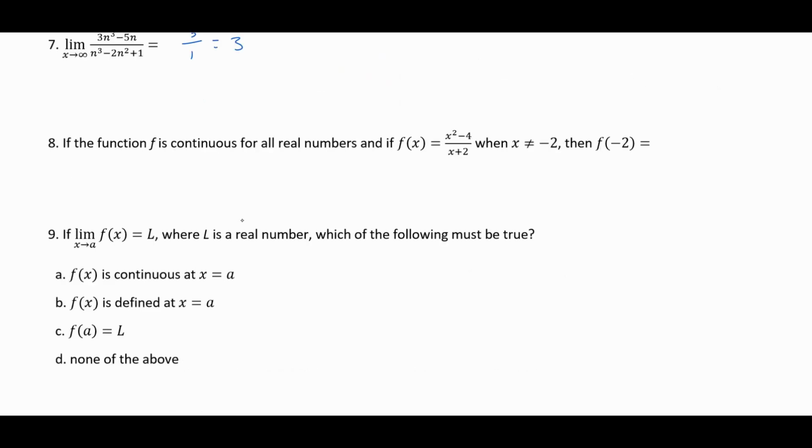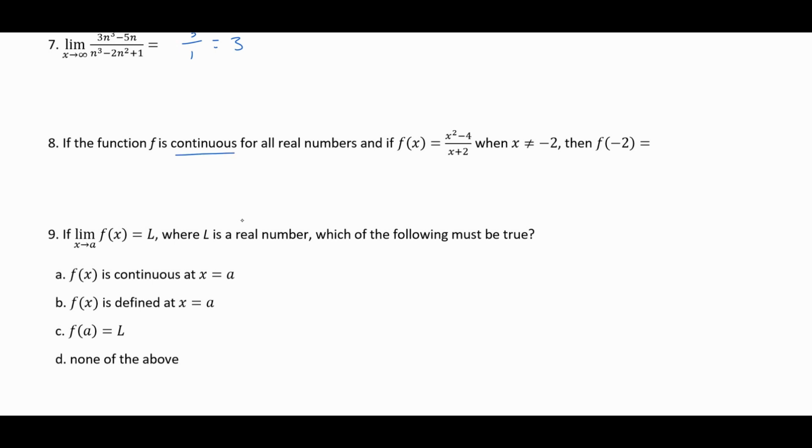Looking at number 8, if the function f is continuous for all real numbers, and if f of x equals x squared minus 4 over x plus 2, when x does not equal negative 2, then what is the function when x is negative 2? Basically what we're asking is, all right, x cannot be negative 2, and if you're looking here, it's because in the denominator you're getting 0.